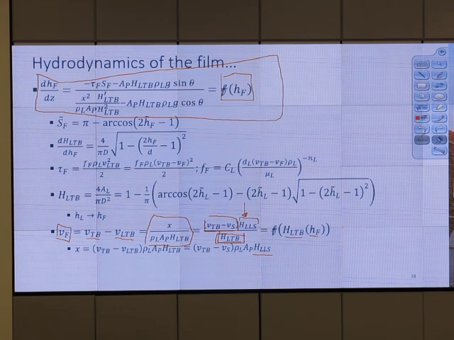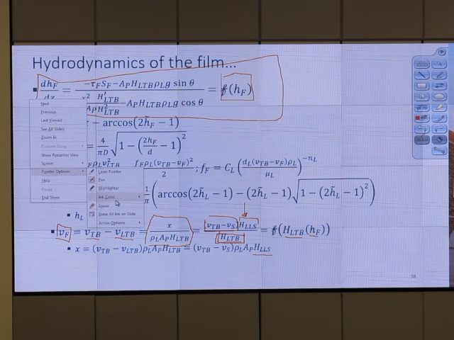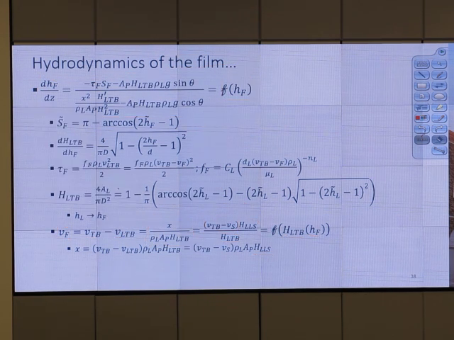If you don't use all those fancy methods, you can just do the Euler method. What do you do? One very simple method that you can do in the Excel sheet is this. So we start at z equal to 0, at the tail of the Taylor bubble.